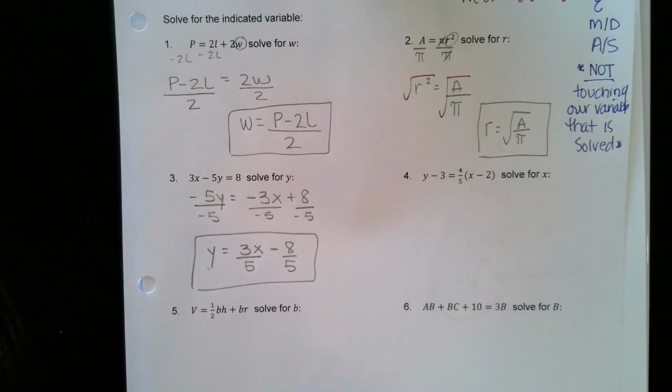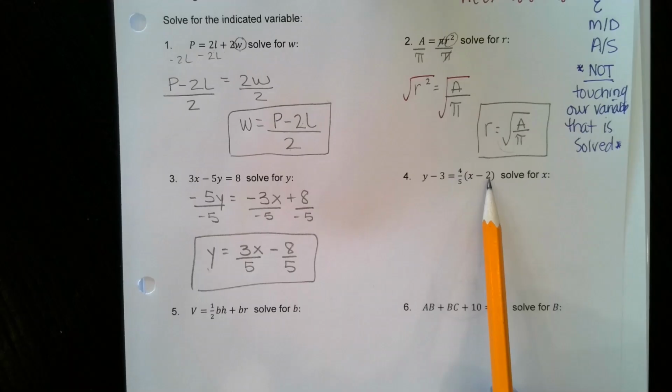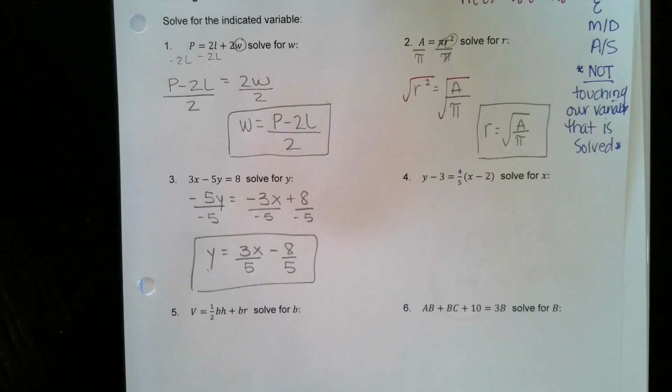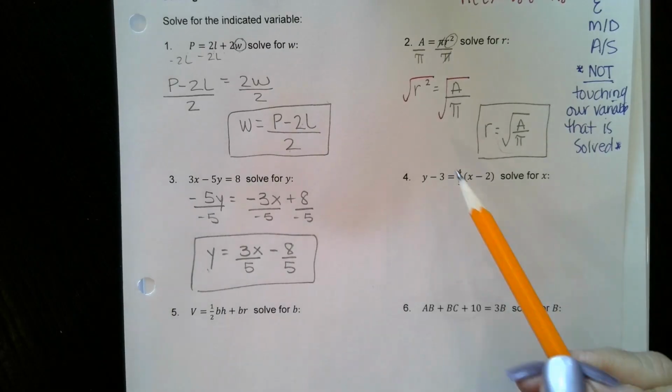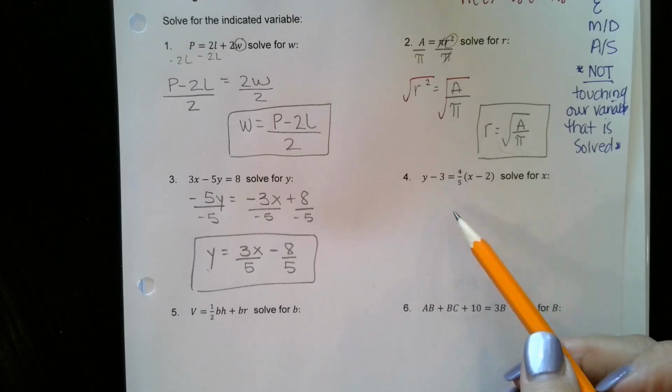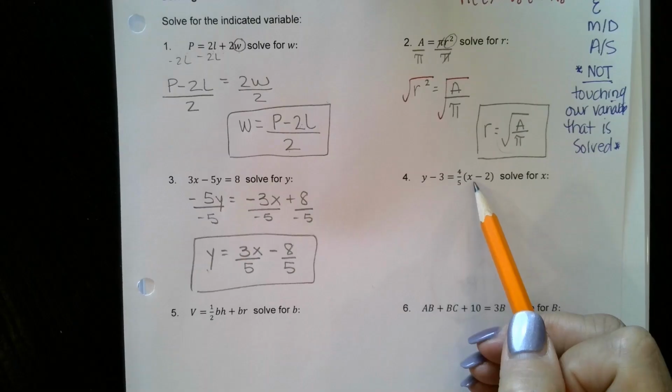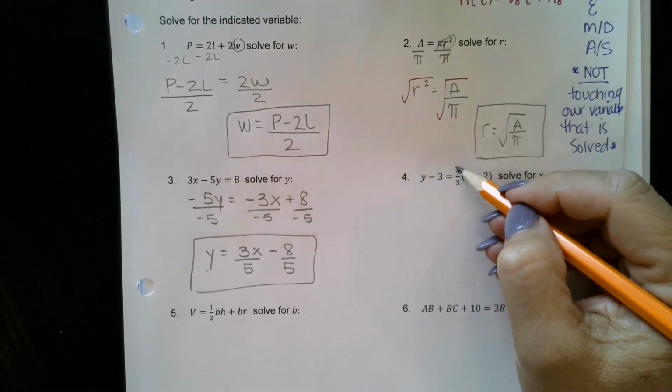Now this equation is an equation of a line in point-slope form. I have a point, (2, 3), and I have this slope right here of 4/5. Order of operations says I'm going to do anything with multiply and divide, so I have to move this first.